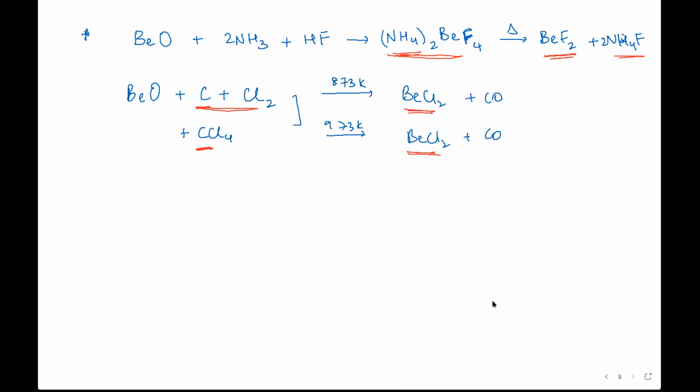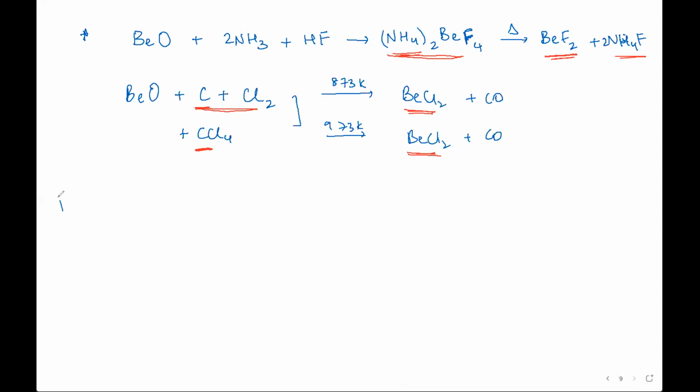And then we have reducing nature. In terms of electrons, how do you define oxidation and reduction? Gain of electrons is reduction and loss of electrons is oxidation.